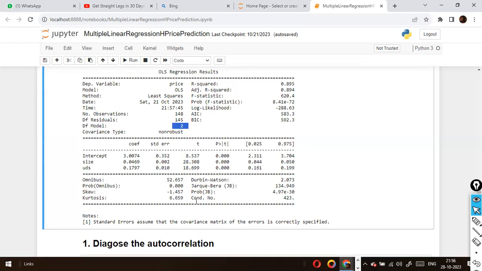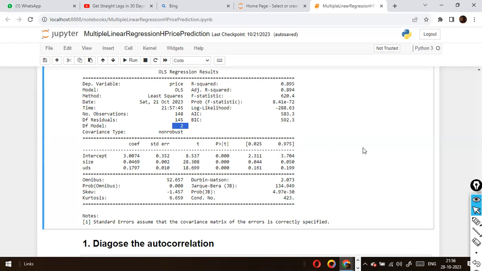Skewness and kurtosis give us information about your residuals. When you plot the errors, what is the peakedness of the error and what is the skewness of the error. And the next one is the Durbin-Watson test. What is the Durbin-Watson test? Just now I told you: autocorrelation.